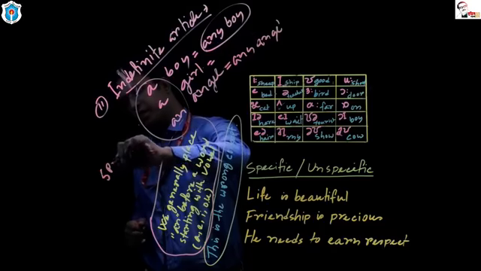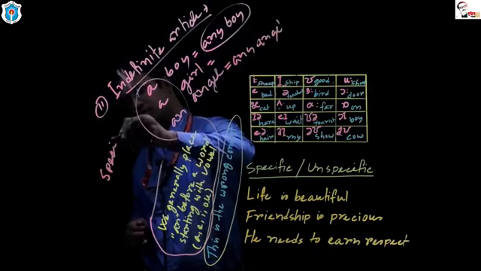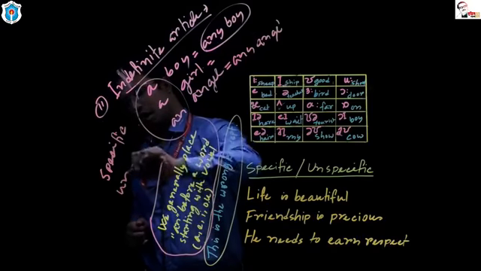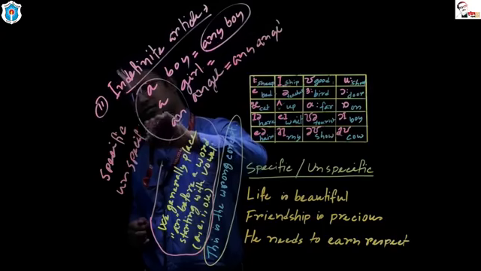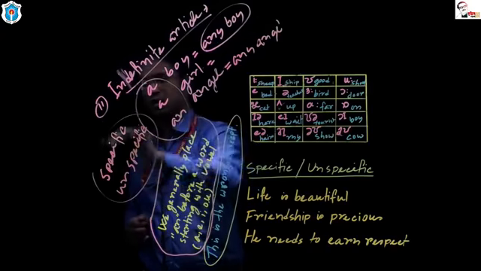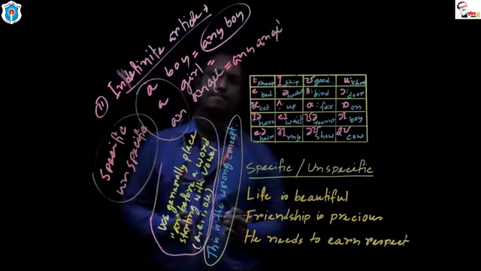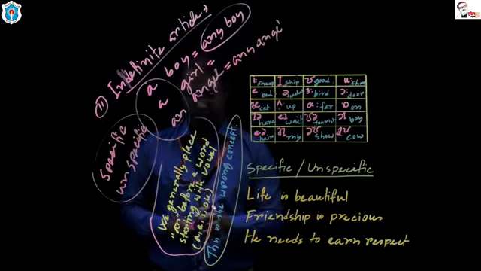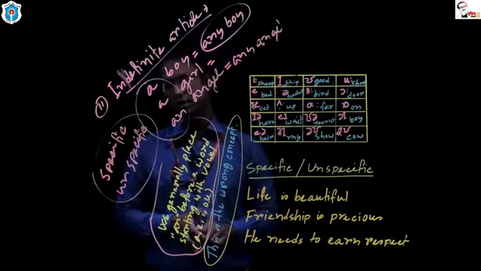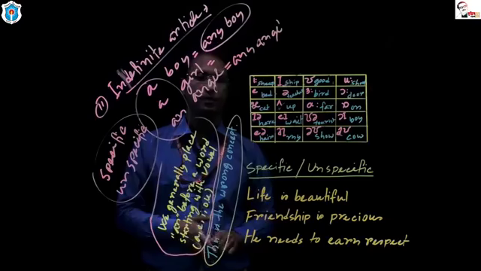So specification or unspecification is the root of learning article. The main duty of article is to specify or unspecify.